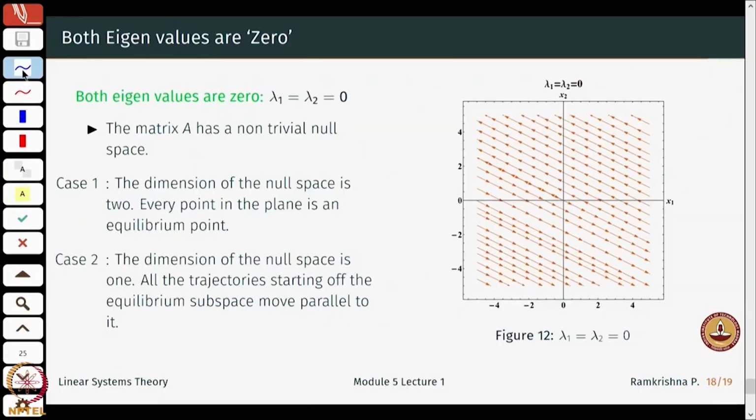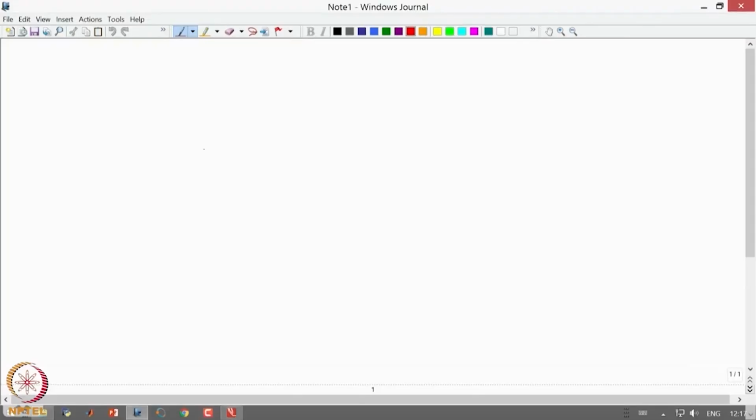The last case that we will look at is the case when both the eigenvalues are 0. It is not surprising that the A matrix will still have a non-trivial null space. In this case, when both eigenvalues lambda 1 and lambda 2 are 0, we can potentially look at two cases.